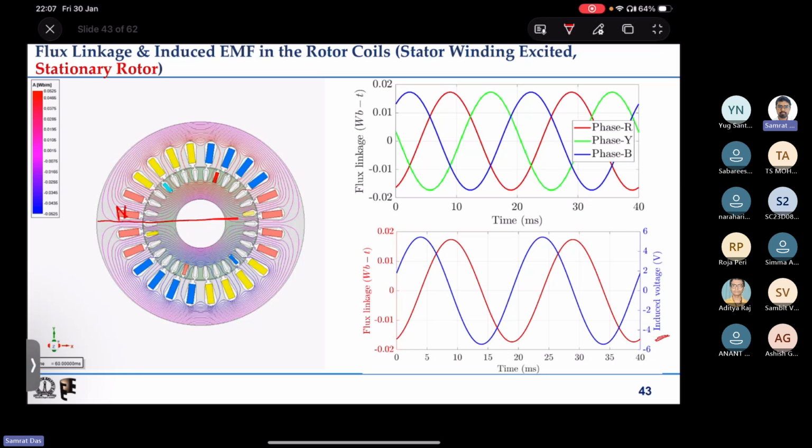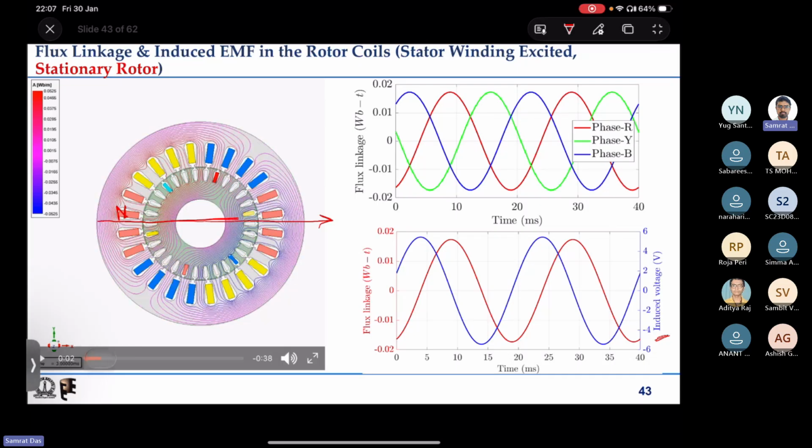So you can see that initially at omega t equal to 0, this is the axis of the magnetic field, right? If I go ahead a bit, I'll stop at this instant, at t equal to 4 milliseconds. If I stop, then the magnetic field axis moves like this and becomes like this.